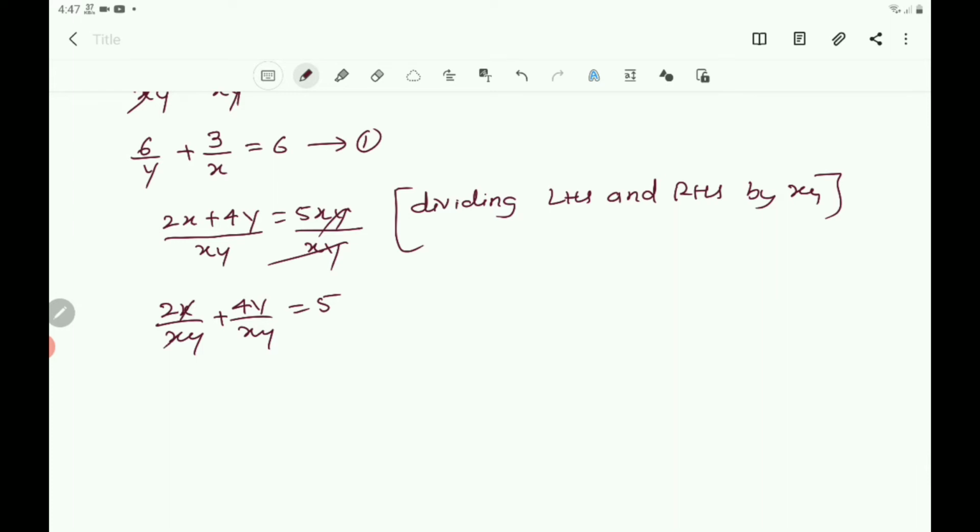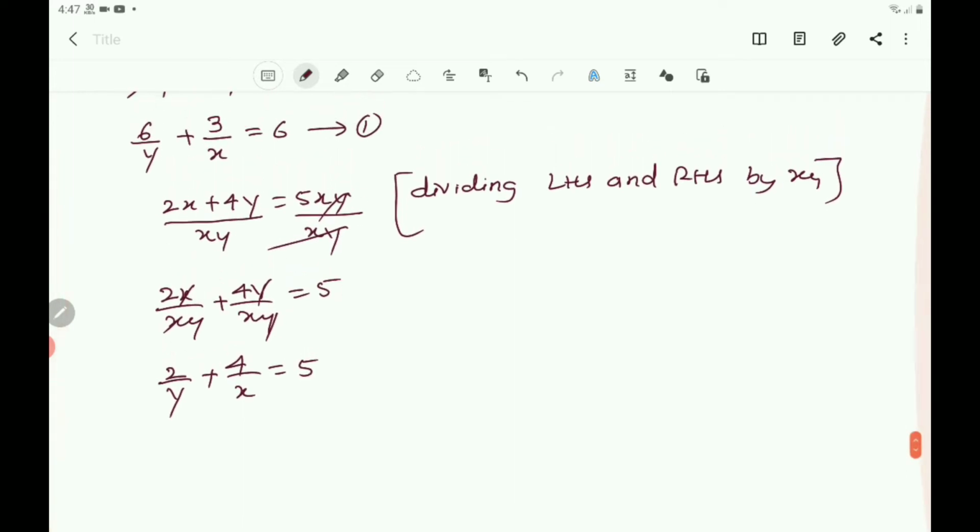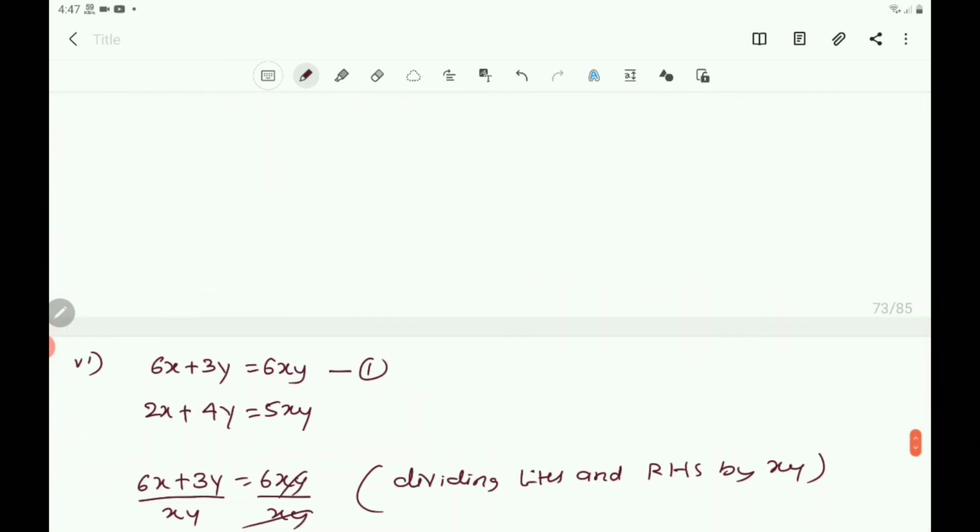Now cancel x and x: it becomes 2 by y, and y and y cancel, leaving 4 by x, that equals 5. So this is the second equation.